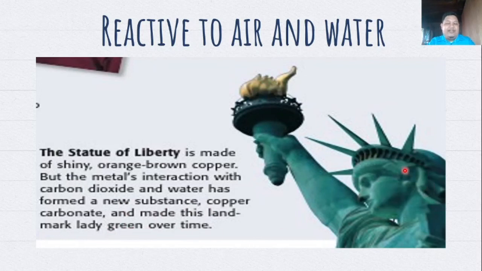Originally, it is colored orange-brown, the color of the copper. But since it is exposed to water and air that contains carbon dioxide over time, it has undergone a chemical reaction to become copper carbonate, and the color changes. Therefore, we can see the Statue of Liberty now as green, dark green, or blue-green in color.